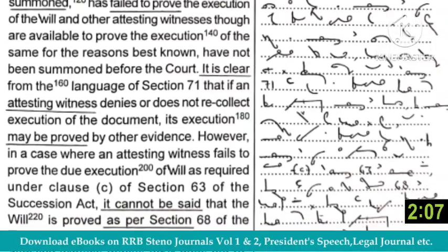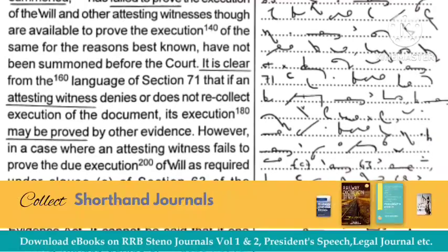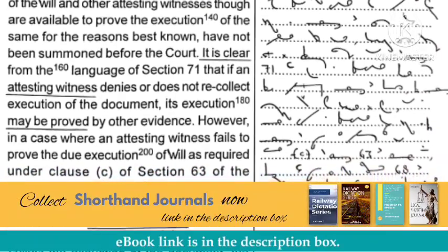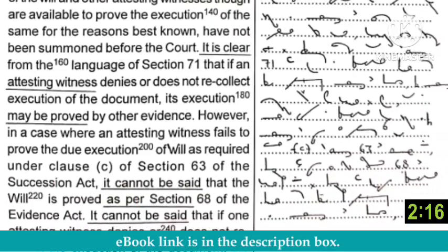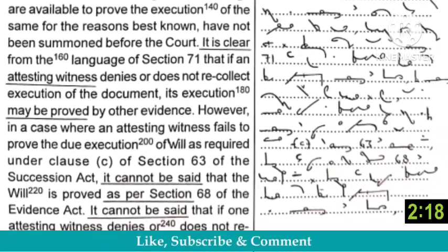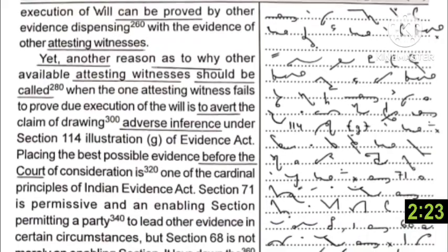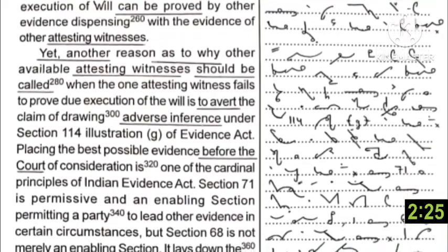It cannot be said that if one attesting witness denies or does not recollect the execution of the document, the execution of the will can be proved by other evidence, dispensing with the evidence of other attesting witnesses.